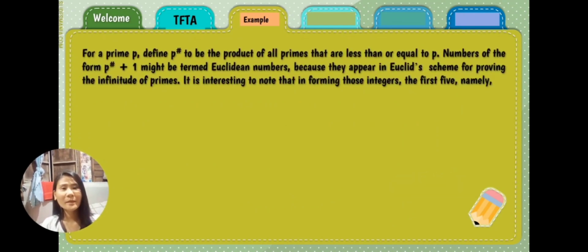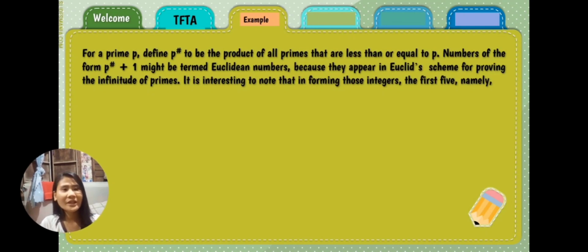For a prime number p, define p# to be the product of all primes that are less than or equal to p. Numbers of the form p# plus 1 might be termed Euclidean numbers.